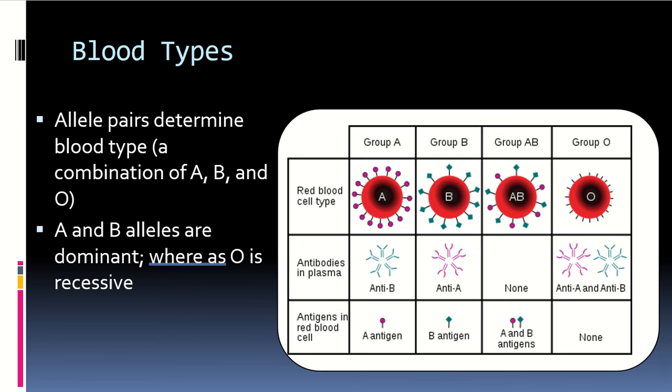It can either be an A allele, which codes for A antigens around the surface of red blood cells, B alleles, which encode for B antigens, or O alleles, which encode for neither A nor B antigens.